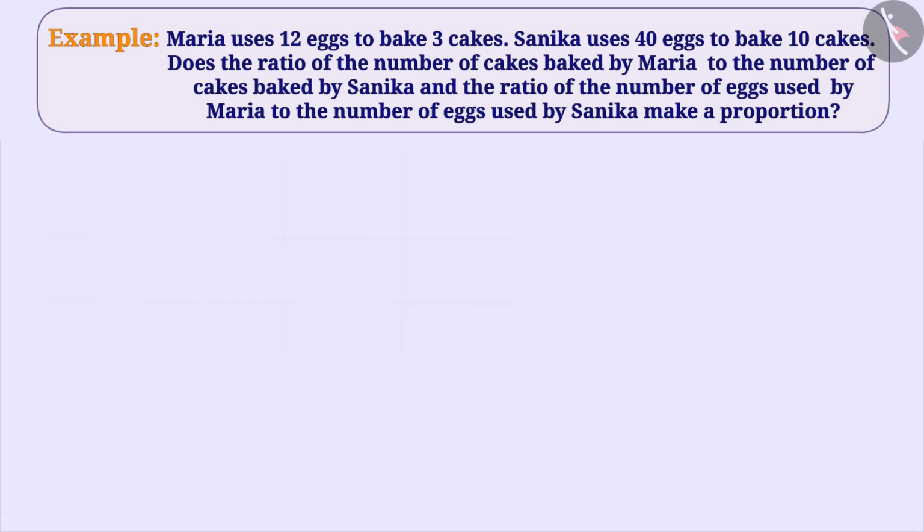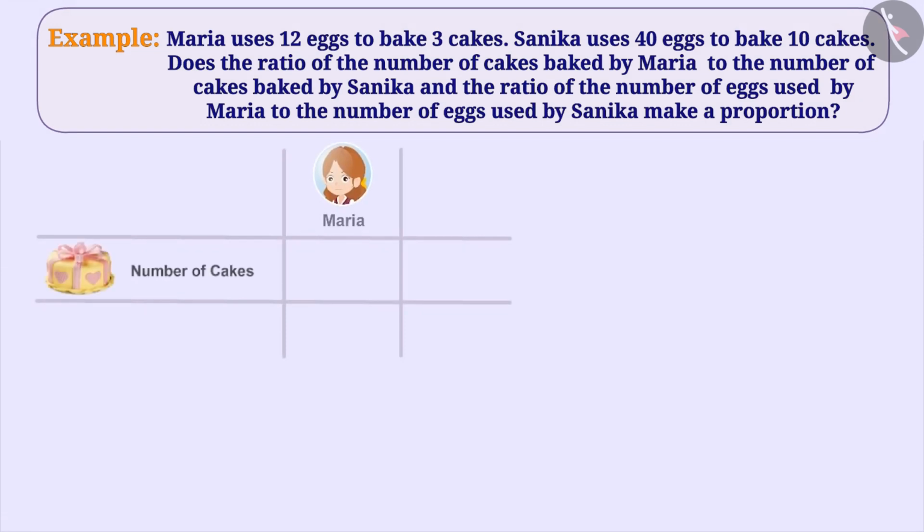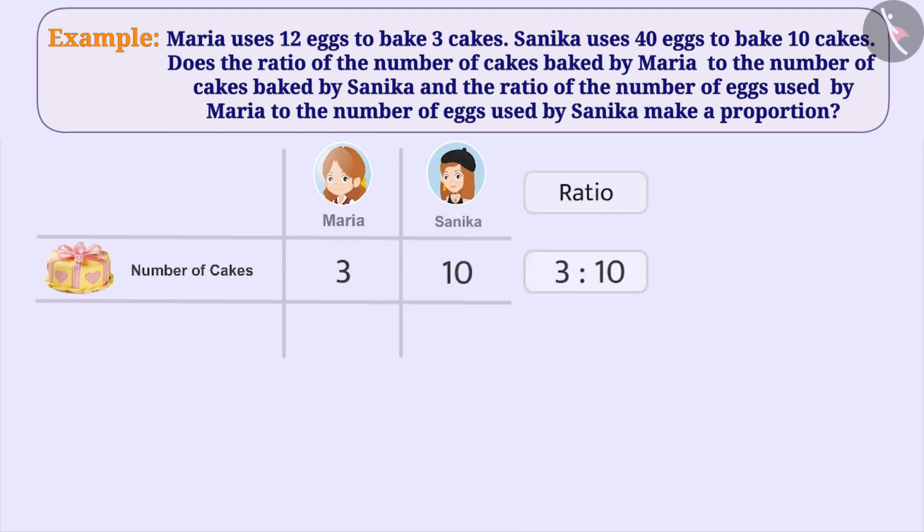Here, the ratio of the number of cakes baked by Maria to the number of cakes baked by Sanika is 3:10. Similarly, the ratio of the number of eggs used by Maria to the number of eggs used by Sanika is 12:40. We can write 12:40 as 12 by 40.